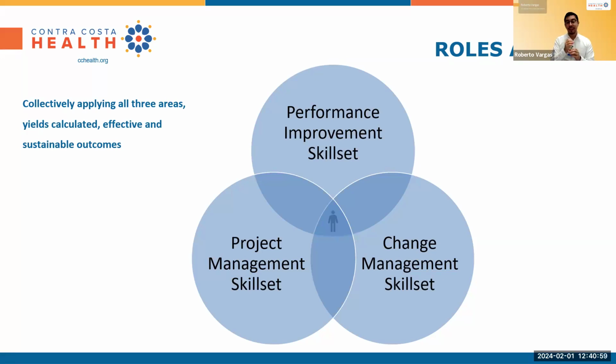Unless you have the fortune of having individual people on the team dedicated to performance improvement, change management and project management, oftentimes these different skill sets and roles get put on a core performance improvement person who's helping to drive that project forward. So it's important to acknowledge that each of these things is needed in order to get the outcome you really want, which is sustainable improvement.